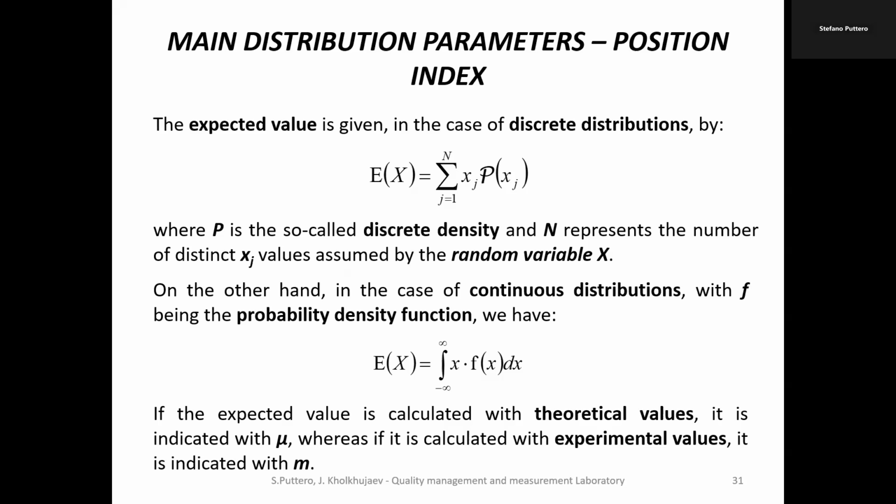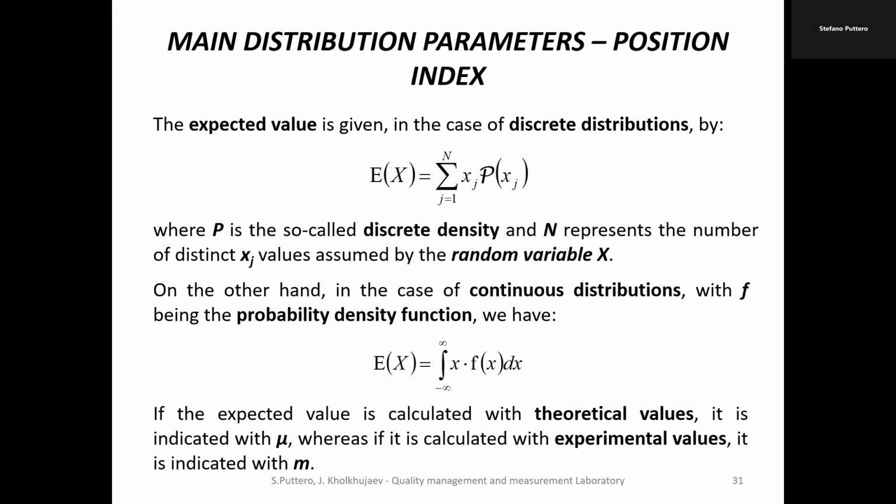And at the bottom of the slide, we have what we have already mentioned. If the expected value is calculated with theoretical values, it is indicated with the Greek letter mu. On the other hand, if it is calculated with experimental values, it is indicated with m.